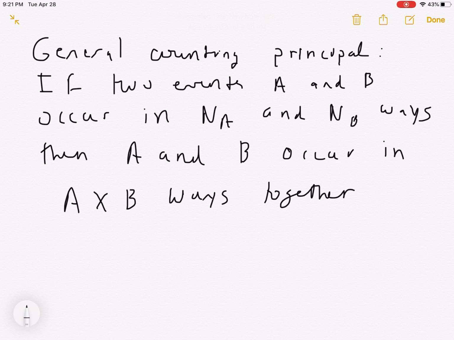And that's an example of this general counting principle, which is what we just discussed. Okay. Let me give you another example here.